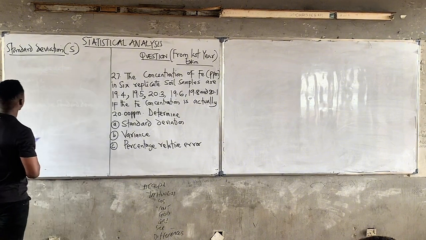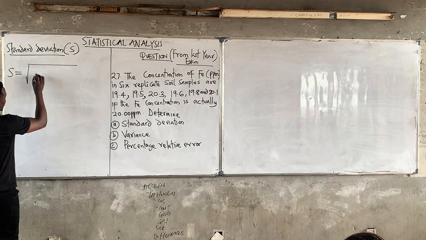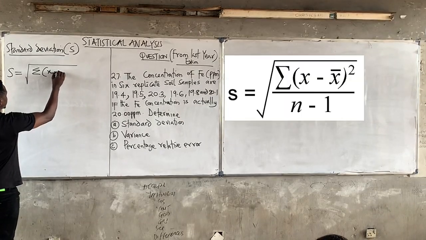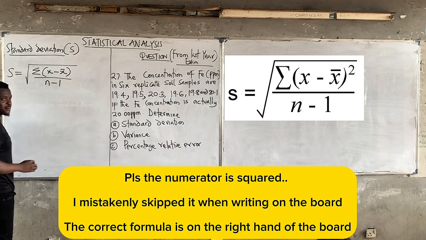Now, please, standard deviation has the formula: we have summation of x minus x bar, squared, all over n minus 1.